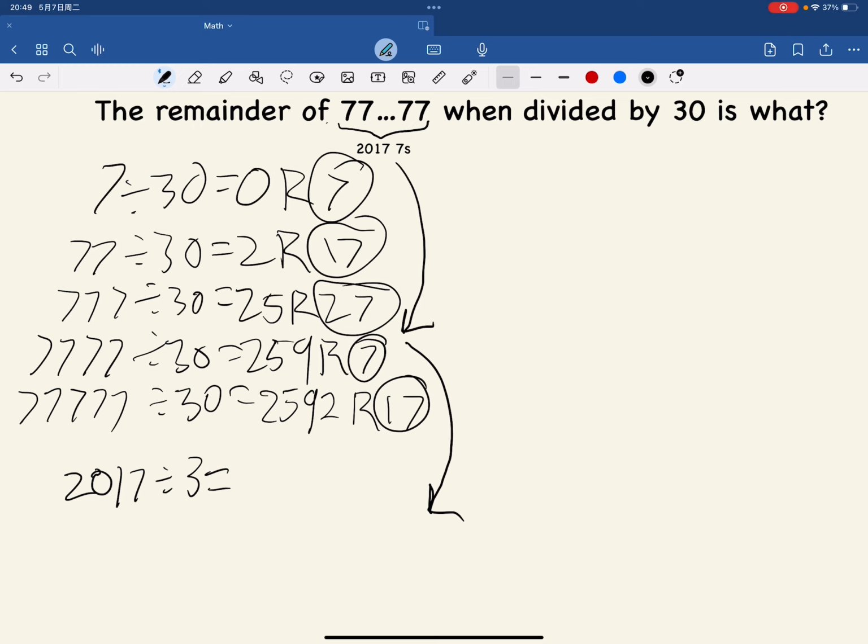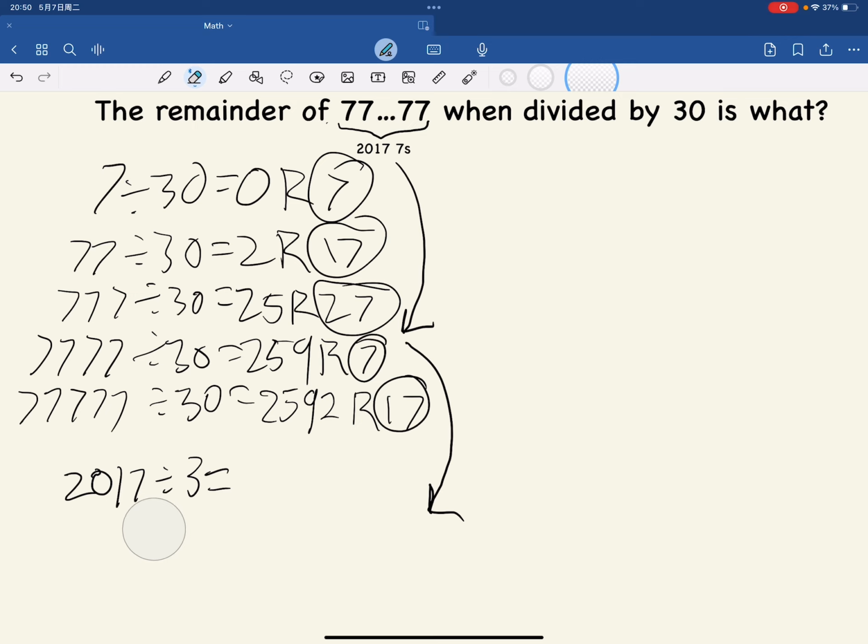So then, using the division properties of 3, we know that the number's digits must add up to be a multiple of 3 to make the number a multiple of 3. And right now, if you add up the 2017's digits, 2 plus 1 equals 3, and then 3 plus 7 equals 10.